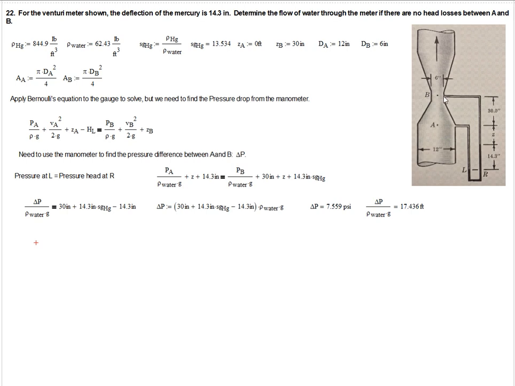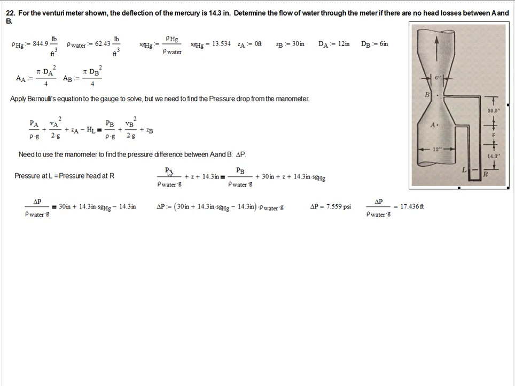That is going to equal the pressure at B over rho g, and that rho is for water, plus 30 inches, plus Z, and then we have the 14.3 inches. This is mercury here. And so that's going to be multiplied by the specific gravity of mercury.